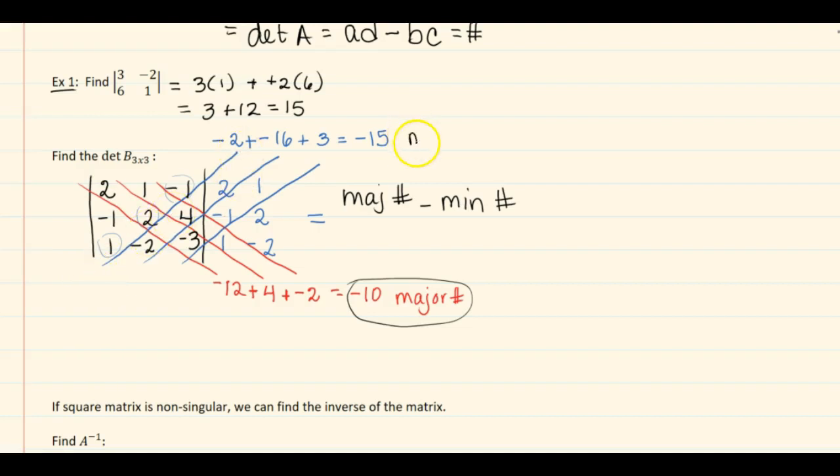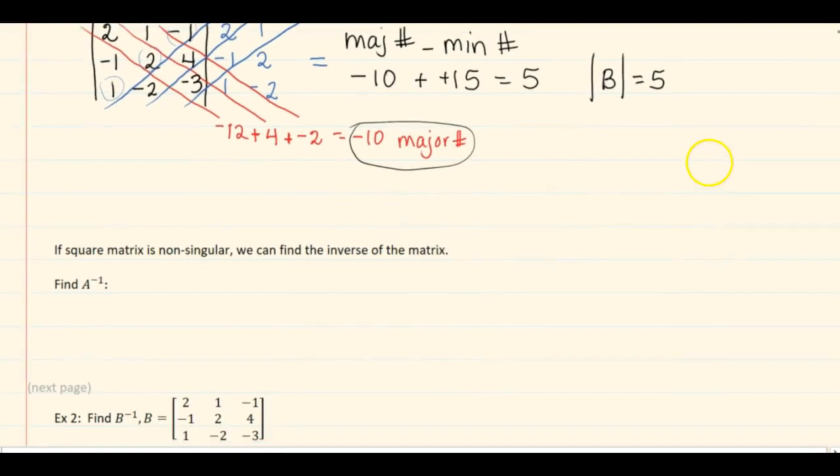So we'll call these guys up here the minor numbers. In our case, we're going to get our major numbers, which is negative 10, and we're going to subtract the minor numbers, which is negative 15. Notice that it actually becomes a positive 5. So the determinant of matrix B is equal to 5.